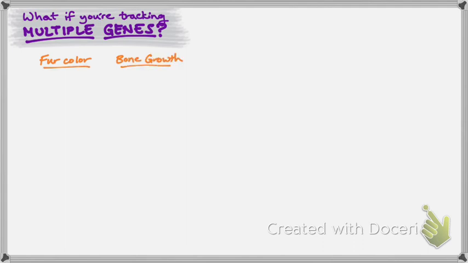So let's do something similar, but now we're going to talk about two genes, two characteristics, specifically fur color and bone growth, as you can see. And for each one, to simplify matters, I'm going to give you two and only two alleles. Remember, in reality, there are dozens or hundreds of alleles for most genes.